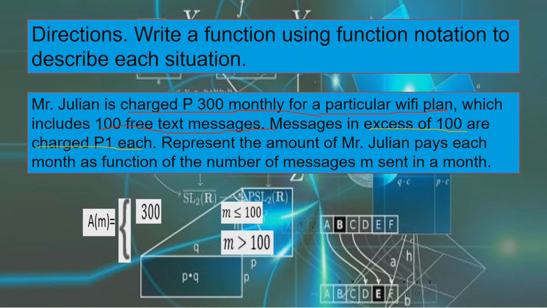Pero, kung yung messages mo ay sumobra ng 100, so M is greater than 100, ito yung formula niya. So, 300 kasi yan yung monthly charge niya, plus yung M mo kung ilan yung nagamit, minus 100, yun yung free text messages. For example, kung 120 text messages ang nagamit mo, minus 100 free text, so ibig sabihin, merong 20. So, 300 plus 20, so 320 yung babayaran mo in monthly. Kasi nga, sumobra ka ng 20 text messages.